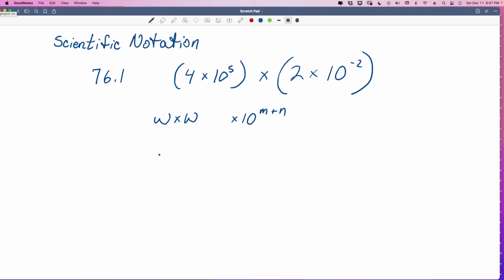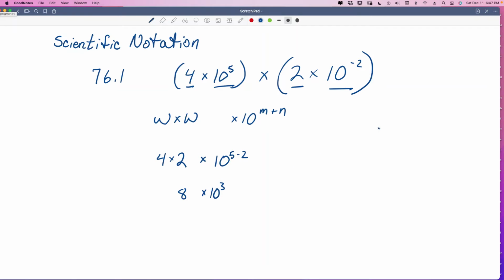So you would say 4 times 2 times 10 to the 5 minus 2, right? So that would be 8 times 10 to the 3rd. You can see how that kind of works together in those two parts.